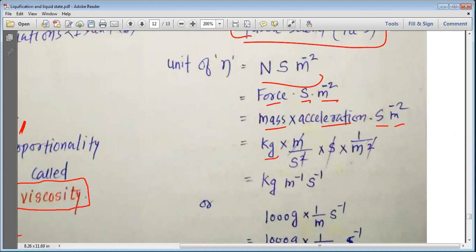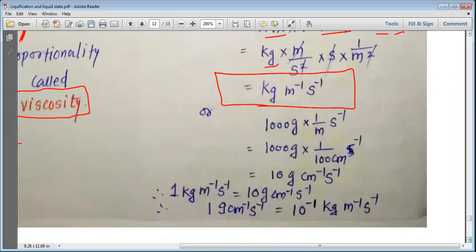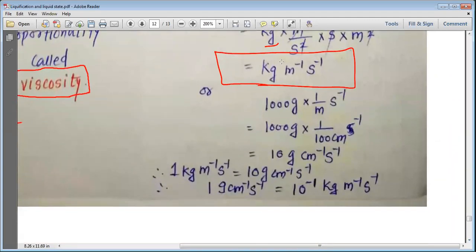We already have second and meter to the power minus 2, that is 1 upon meter to the power 2, and this is how we get another unit, that is kg per meter per second for the coefficient of viscosity. Now we want to convert this kilogram into gram, so for 1 kilogram we write 1000 gram. It is meter per meter, so we have written 1 upon meter into second.